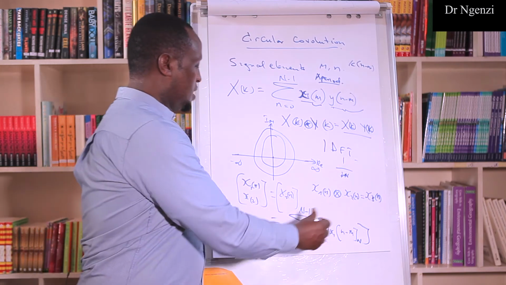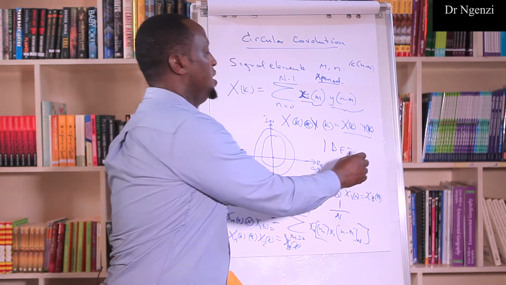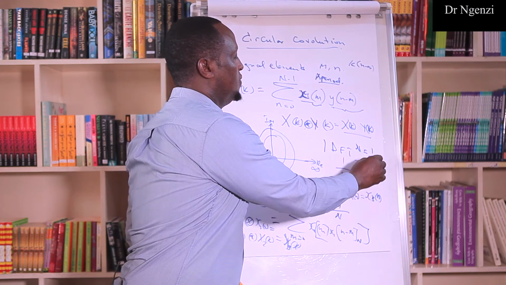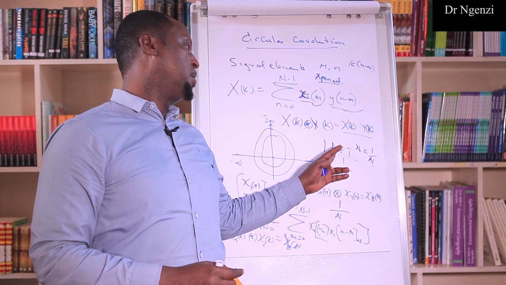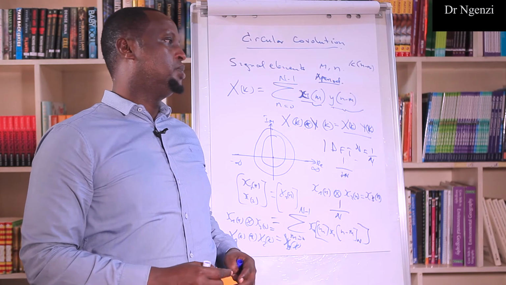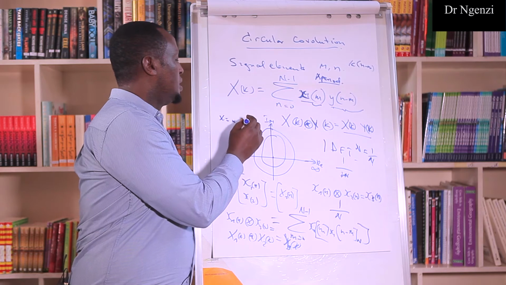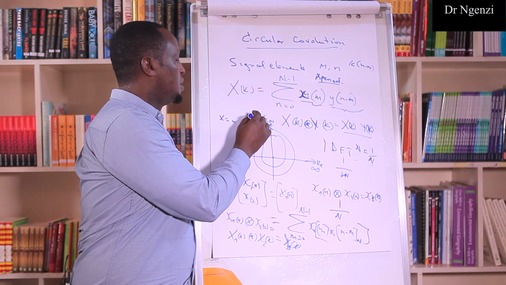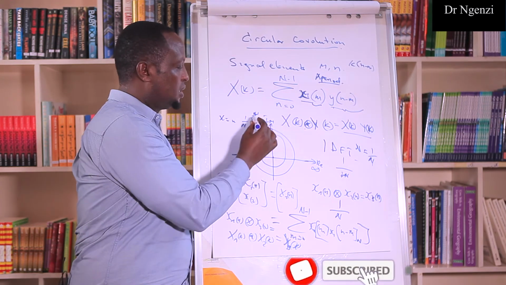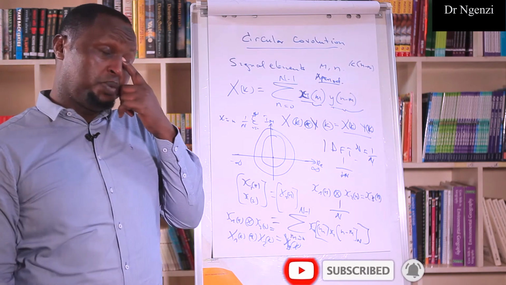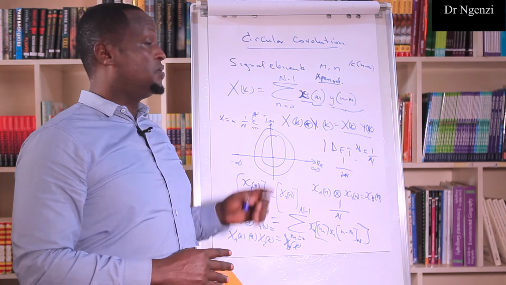It can be vice versa, and then it will be 1 over N, because if you have N, its inverse is going to be 1 over N. So for the inverse discrete Fourier transform, now we are looking for small x of n, and it's going to be 1 over N, then summation with n equal to 0 to big N. But the terms are going to be big X, because we have frequency, but we are looking for the discrete value.